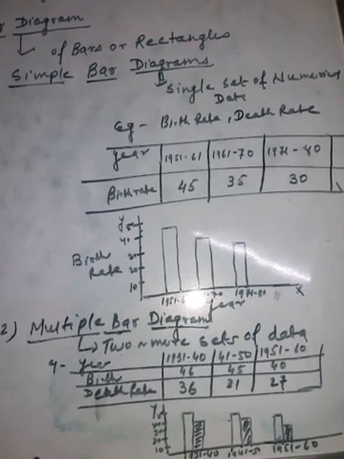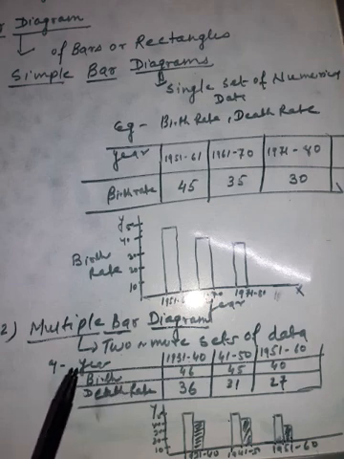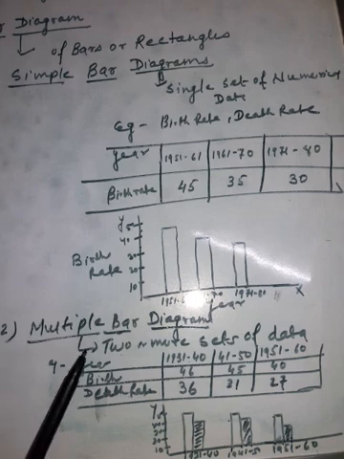That is a multiple bar diagram, and a multiple bar diagram is only shown when two or more sets of data are given. If you have a single set of data, then we will use a simple bar diagram. If you have two or more sets of data, then we will make a multiple bar diagram.